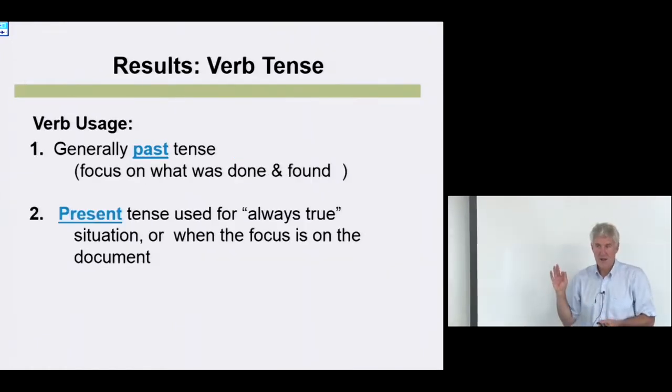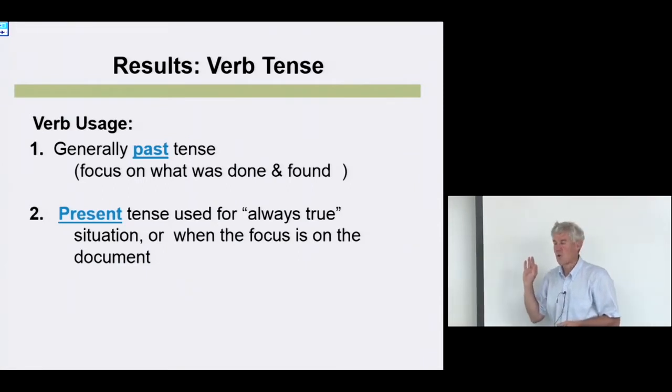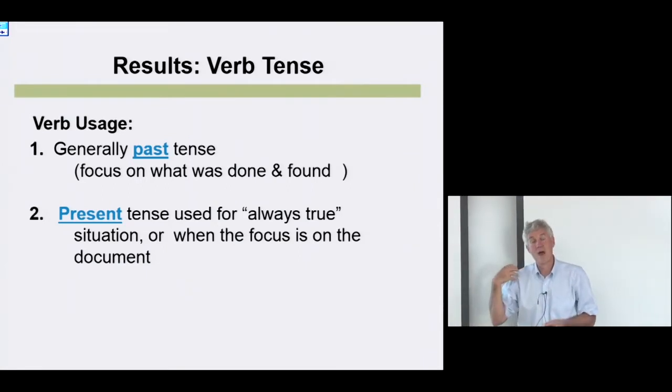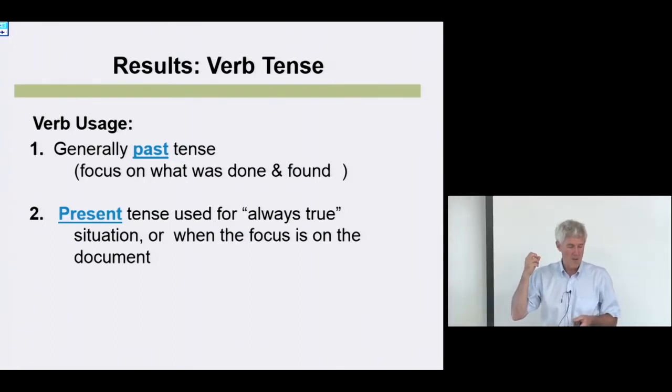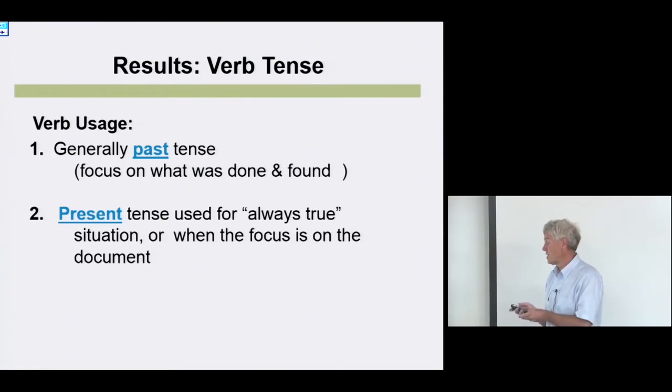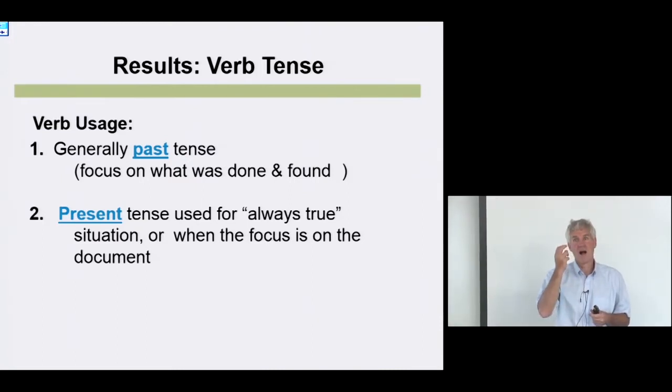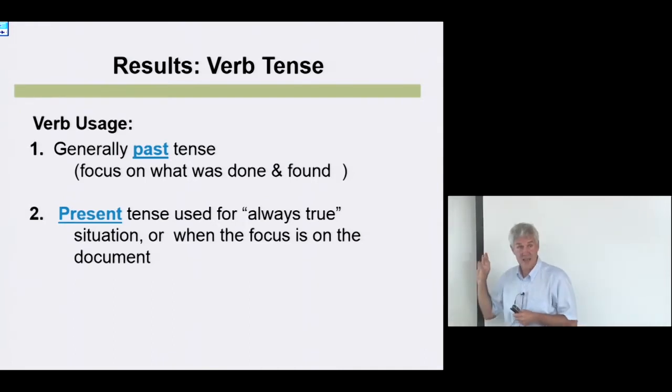Okay. In terms of how you use your grammar, most of the results section is written in past tense. This is what we found. It was X. When you want to say it is always true or a general statement, then you use the present tense.